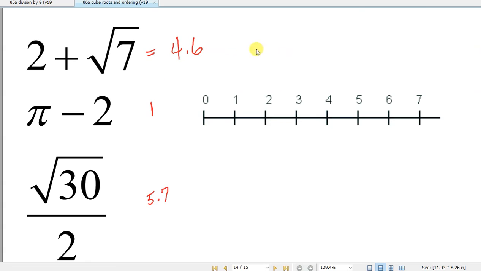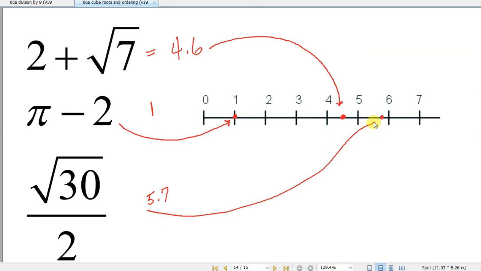This one right here, 4.6, would be right about here. This one would be right about there. And then 5.7 right about there.